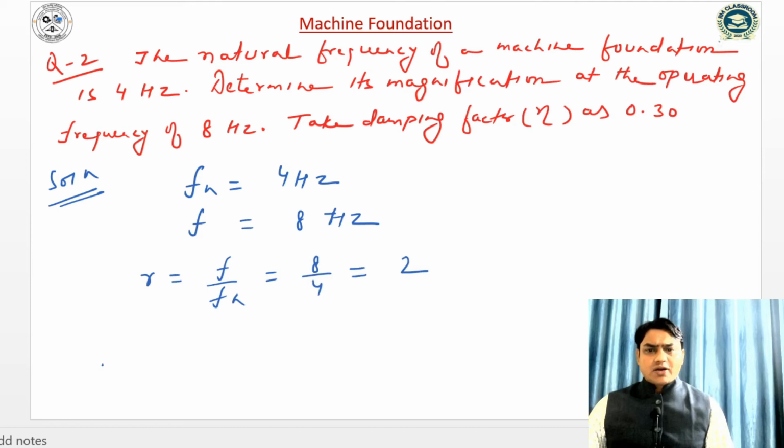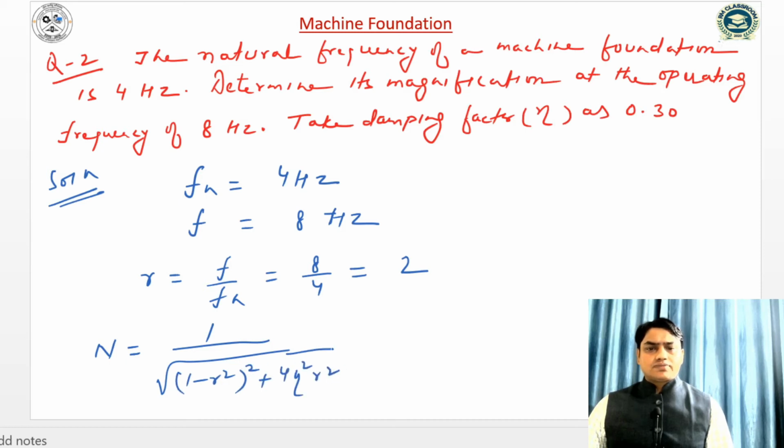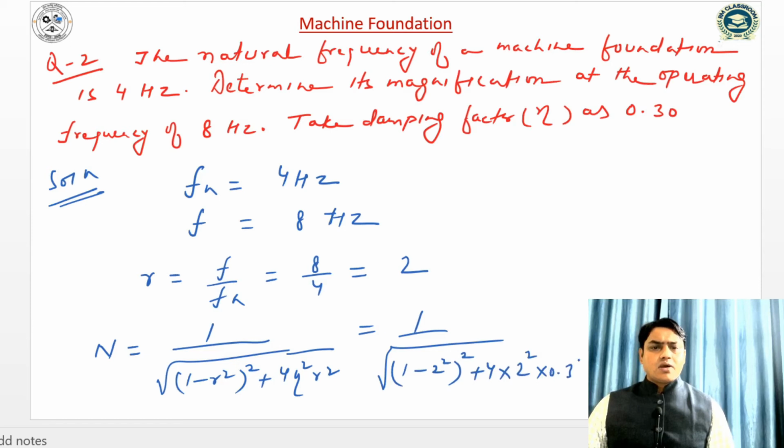So the magnification factor can be computed as M is equal to 1 divided by square root of (1 minus r square) whole square plus 4 eta square r square. So it will be 1 by square root of (1 minus 2 square) whole square plus 4 into 2 square into 0.3 whole square.